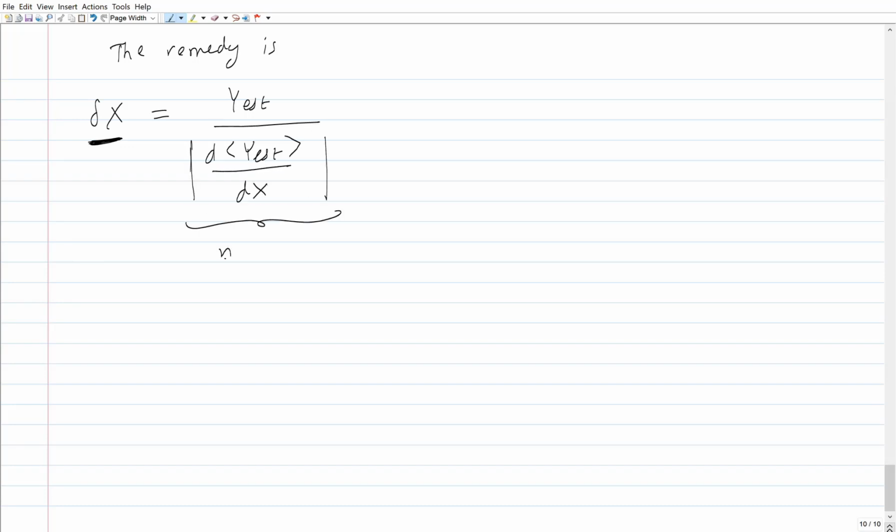The remedy is, instead of examining the statistical properties of the random variable y estimate, I define a rescaled y estimate. This is just my derivative, which takes into account the units, and I subtract from it the actual value of the parameter.